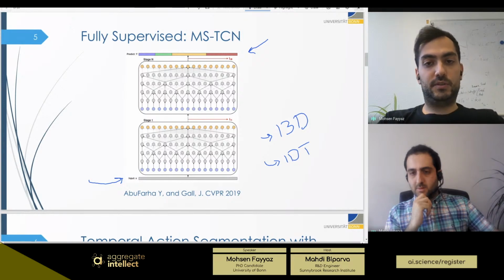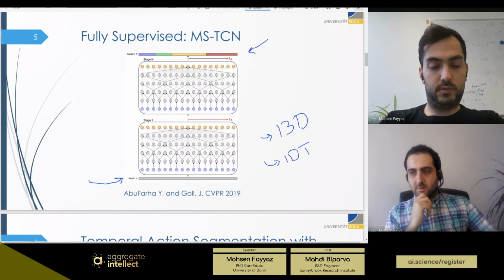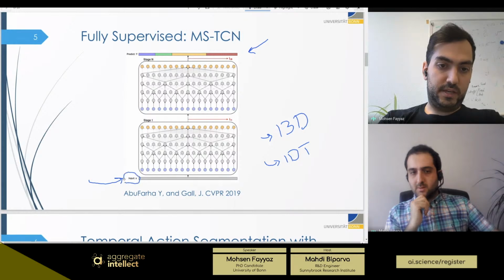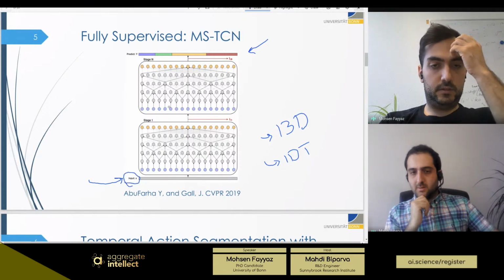The point is that they perform about the same, as they reported in the paper. So their method does not heavily rely on these represented features. When they have the features, they call this set of frame features X, and they feed it into their net.